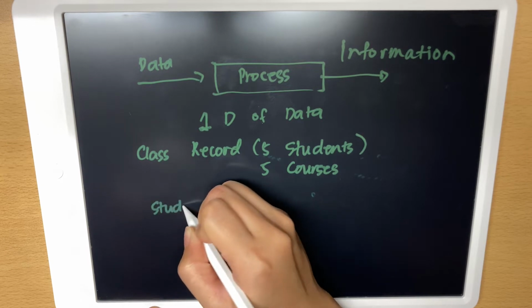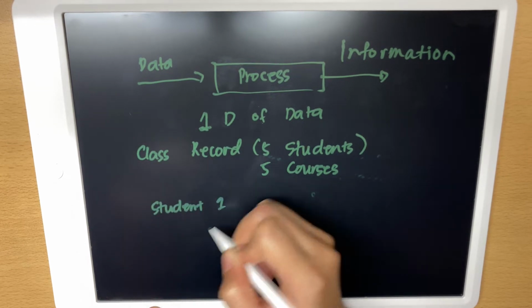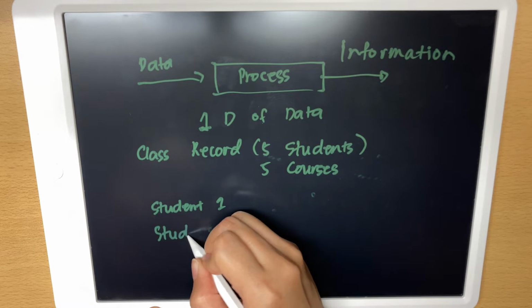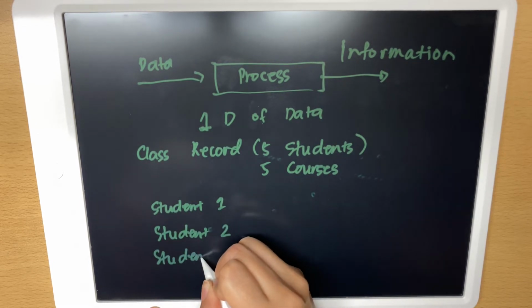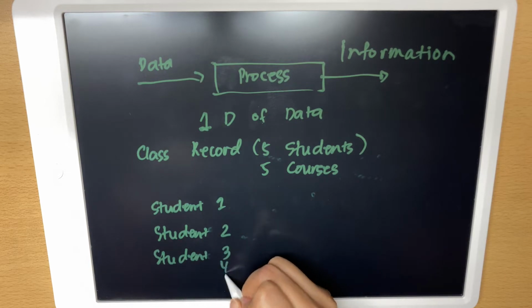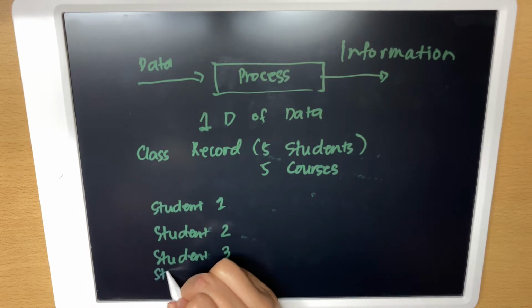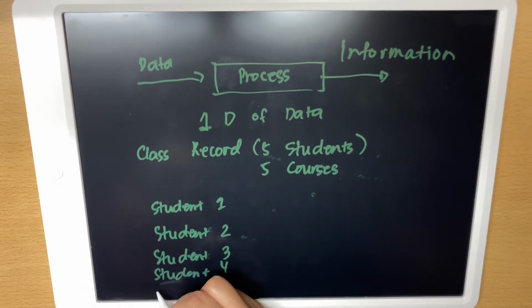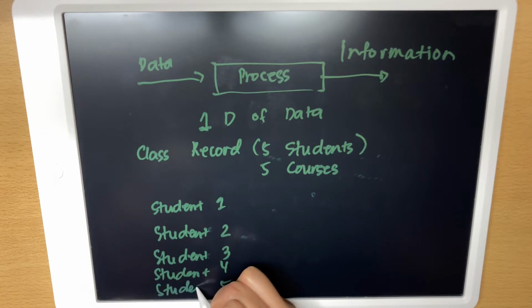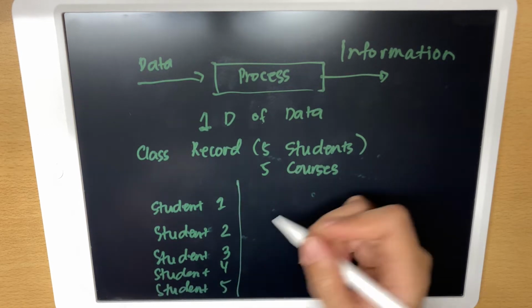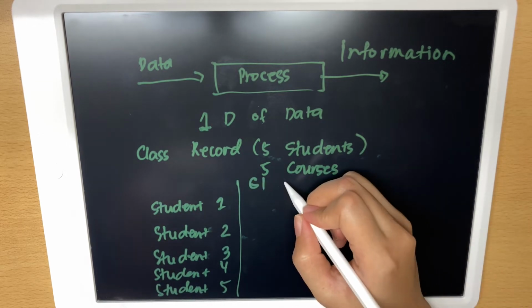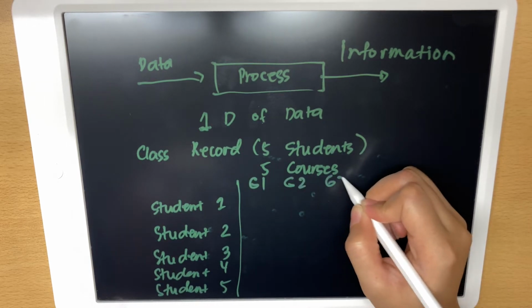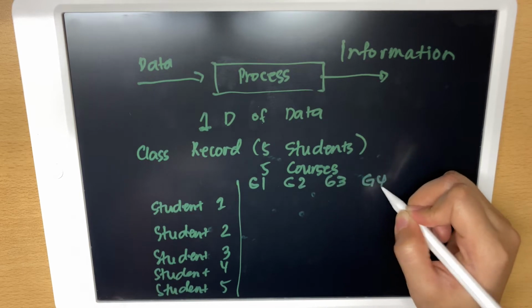your student 1, student 2, student 3, and 4 and 5. And you have your grade 1 for the course 1 and 2, 3, G4, G5.